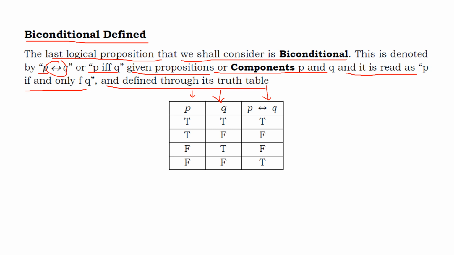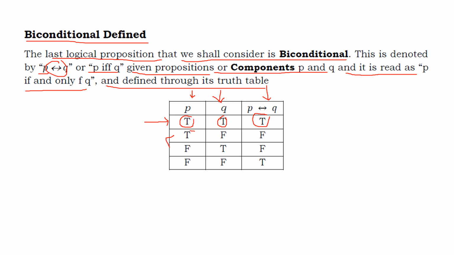And for the second row here, as you can see, if proposition P is true and the second proposition Q is true, the resulting truth value for this biconditional is also true. Now, for the third and fourth rows, if one of your propositions is false, then the biconditional of these two propositions is automatically false.